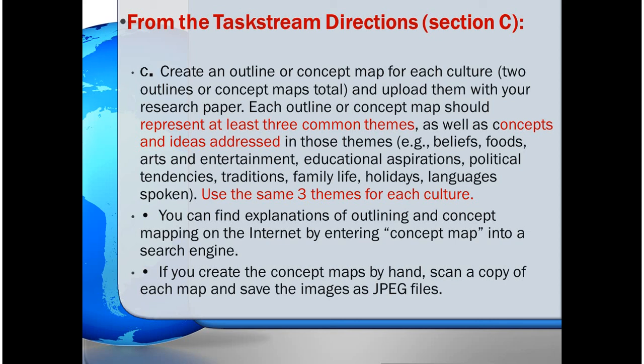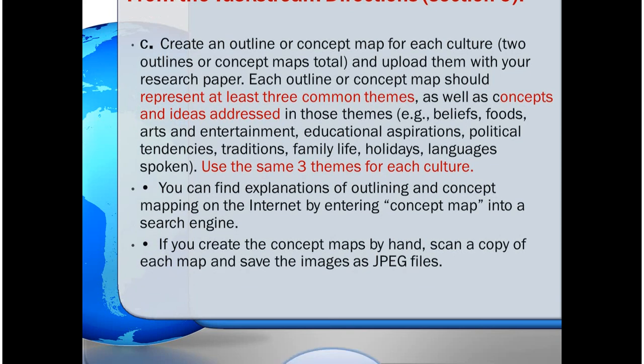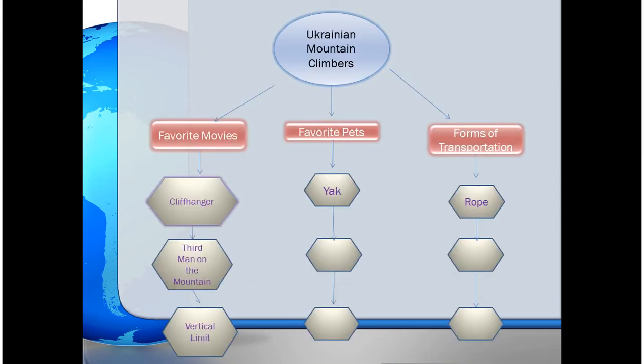So as you begin to build your outlines or your concept maps, then what you're going to do is list the culture and then the 3 themes. And then within each of those 3 themes, there are going to be areas of interest. And those areas of interest are the actual things that your research is going to go to.